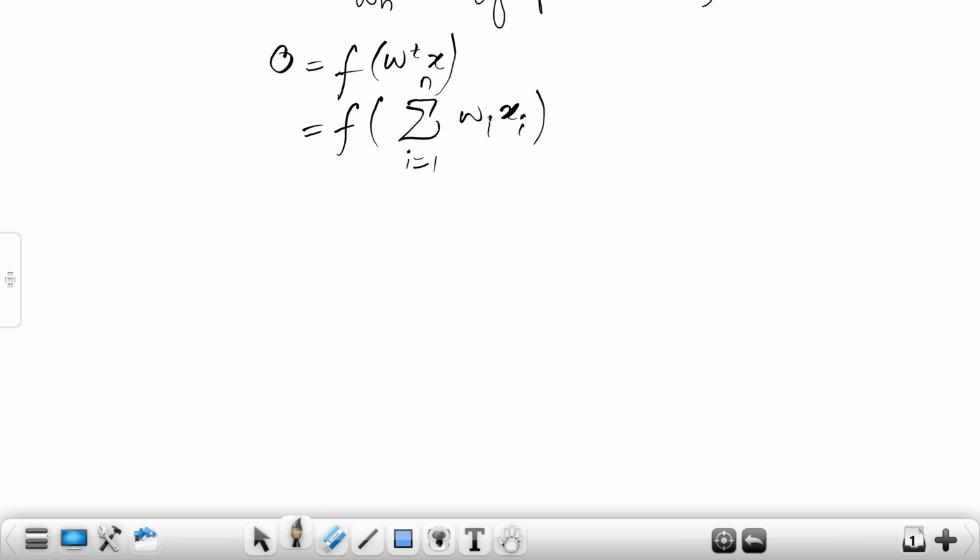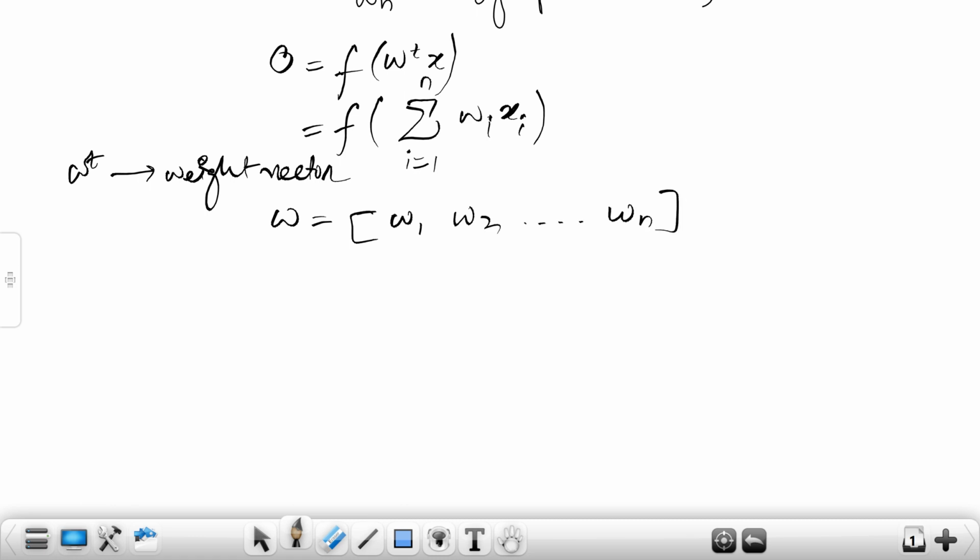Now w is the weight vector, defined as w1, w2, and so on till wn.